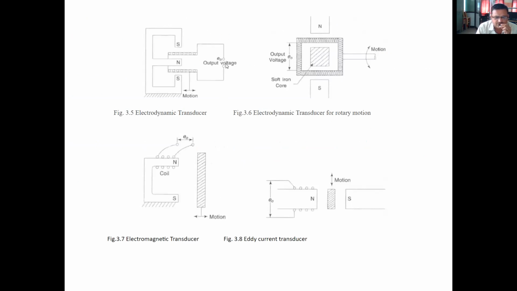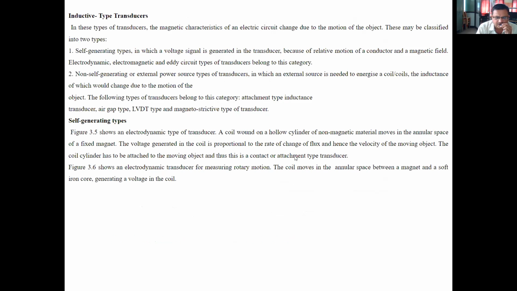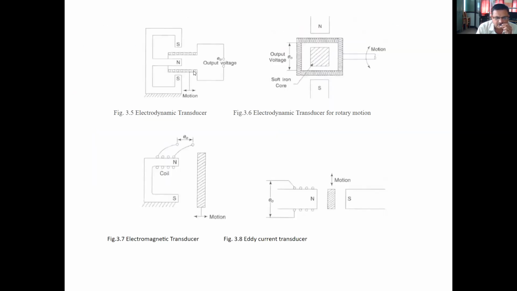Whenever this moves, it moves with some velocity. Therefore, different values of flux will be induced in this coil, and that flux will generate output voltage. Therefore, that output voltage depends on the rate of change of flux or the velocity of this cylinder. This is for linear motion.